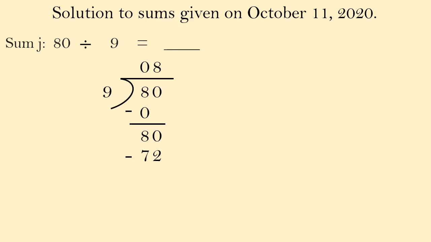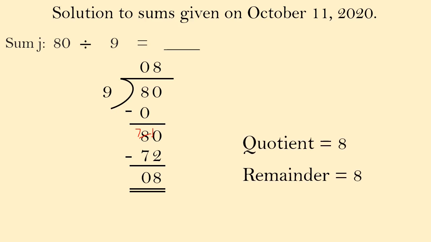You have to borrow, since you cannot take 2 from nothing. So this becomes 7 and this becomes 10. When you take away 2 from 10, you're left with 8, and 7 take away 7, you're left with nothing. So our quotient is 8 and our remainder is 8.